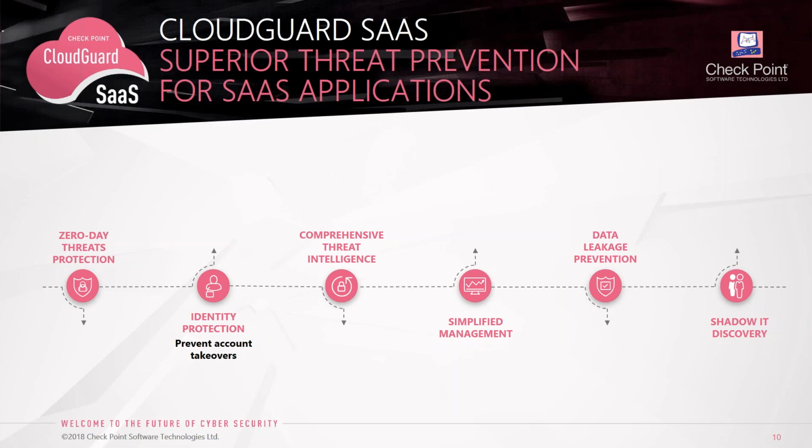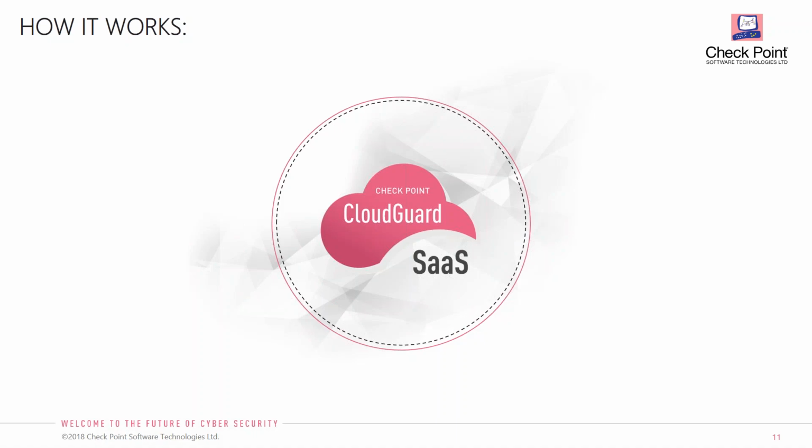We give you all of the Check Point intelligence from ThreatCloud built into the decisions we make, and a simple management GUI. We can help you avoid data loss and data leakage, and we can also help you, both on-prem and in cloud, understand if there is any shadow IT going on, where because these cloud apps are so simple, people may be using them and you're not fully aware.